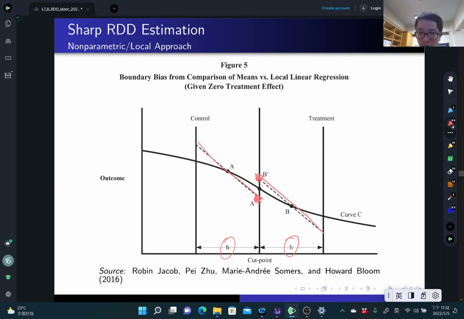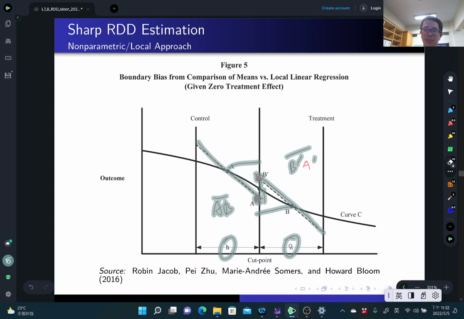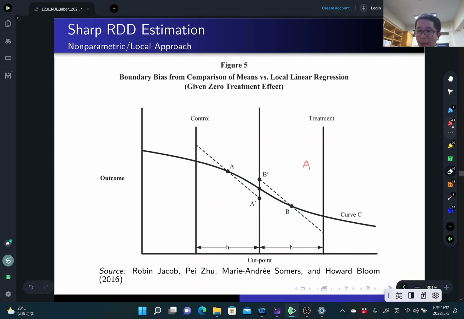So the new estimate for the discontinuity is B-tilde minus A-tilde. That will be better than AB, so the discontinuity is smaller. And if you use an even smaller bandwidth, for example here, you might get a much better estimate.